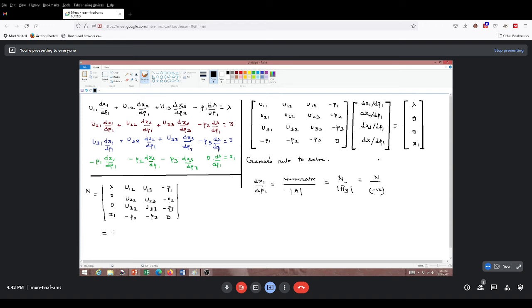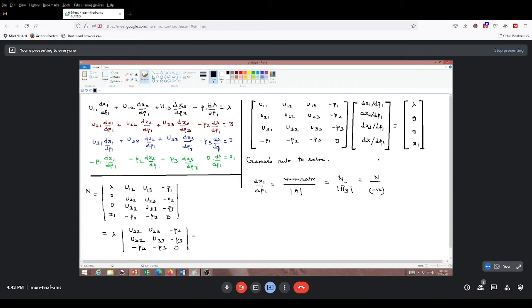Okay, so this is lambda. Okay, let us see. If I drop lambda, it is u22, u23 and this is minus P2 minus P3 0.